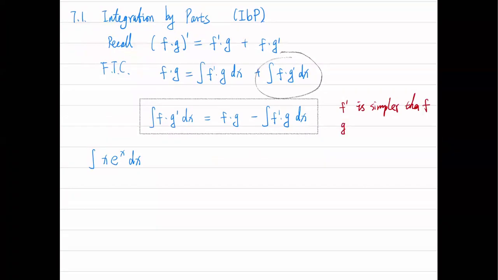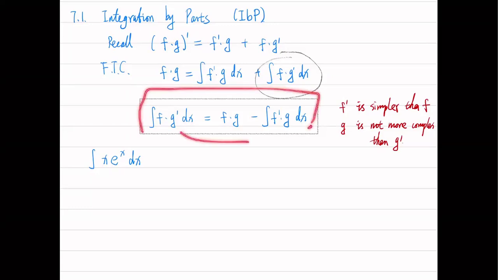And the g is not more complex. Okay. So sometimes if you try this at first, you go in the wrong direction, then you make changes. You go to the other direction. We want the integral to become simpler.